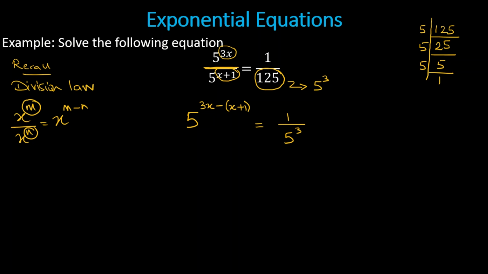We continue to simplify. The left hand side is simply 5 to the power of 3x. Now be very careful, we are going to remove this bracket here, right? In front of the bracket you don't have any number here, meaning you have the number 1.